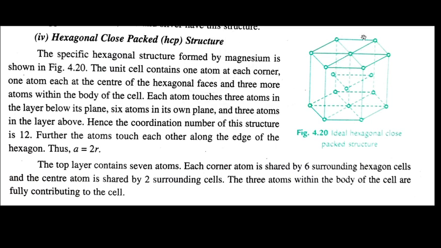So total is 7 atoms at the top, 7 atoms at the bottom, correct? 7 plus 7 14, and 3 atoms within a unit cell, right?